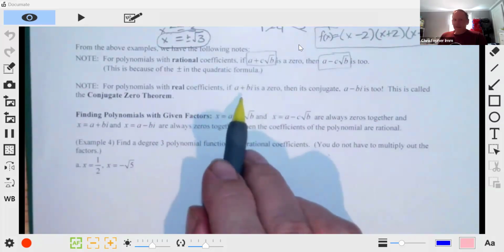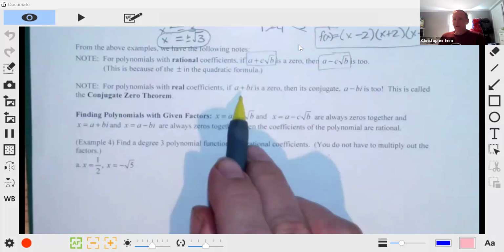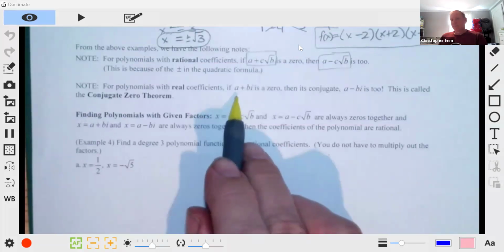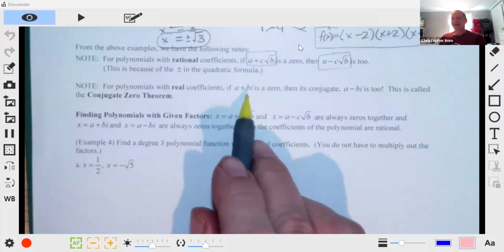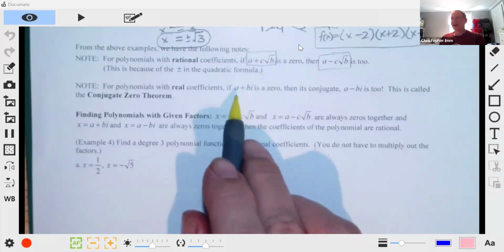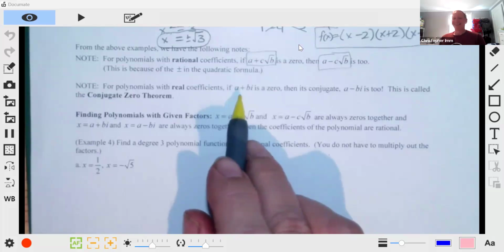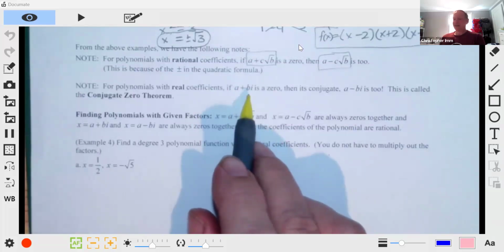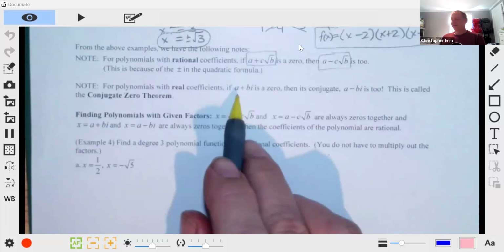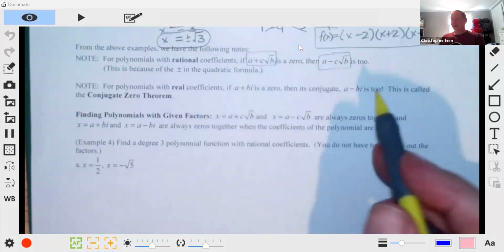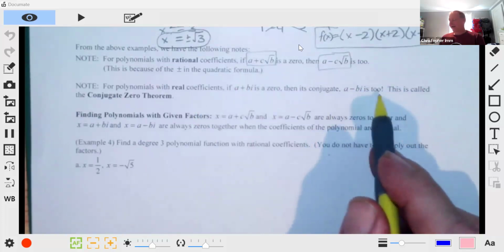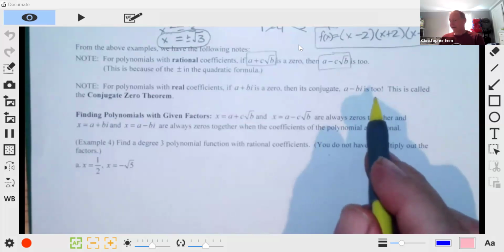You noticed above that we had sometimes a non-real zero with an imaginary part. So if we have a plus bi, the conjugate a minus bi is a zero automatically as well.